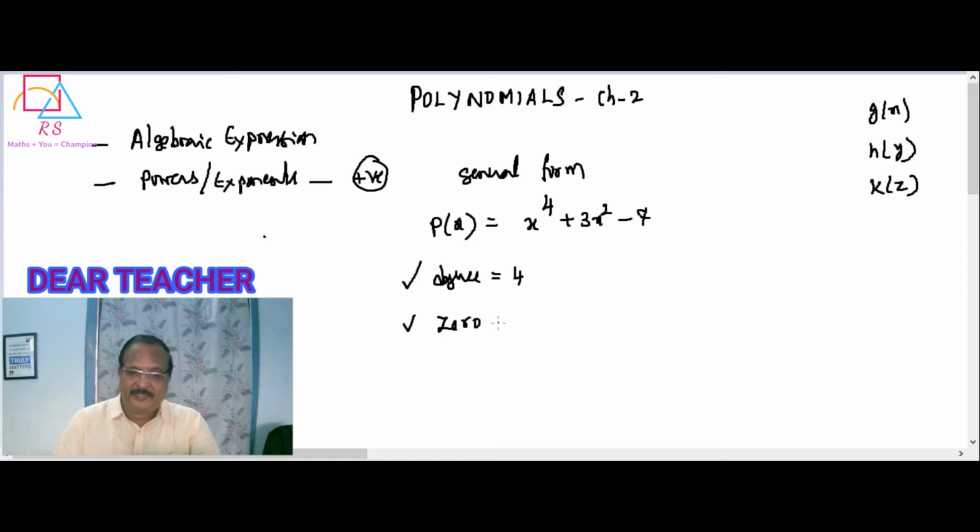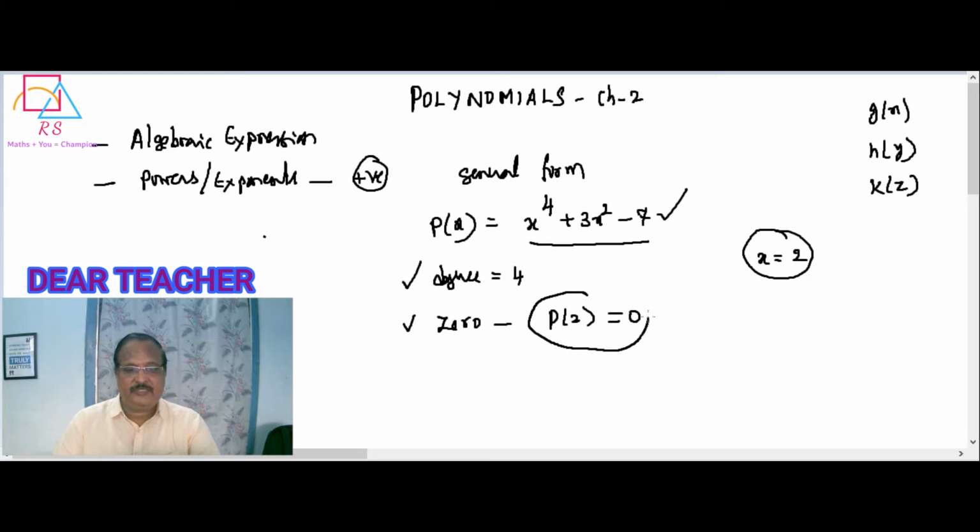Then zero. Let me recall what the zero of the polynomial is. The zero of the polynomial is the value of the variable at which the entire polynomial becomes 0. For example, at x equal to 2, suppose this entire polynomial is 0. Then you replace x with 2, so p(2) is equal to 0.